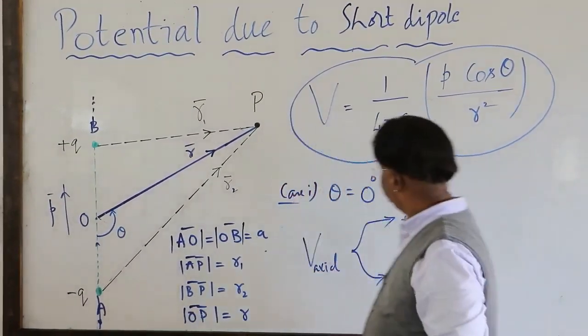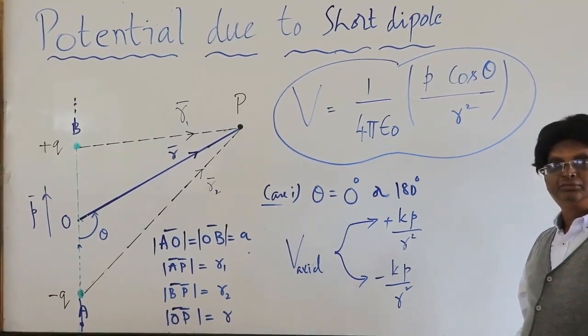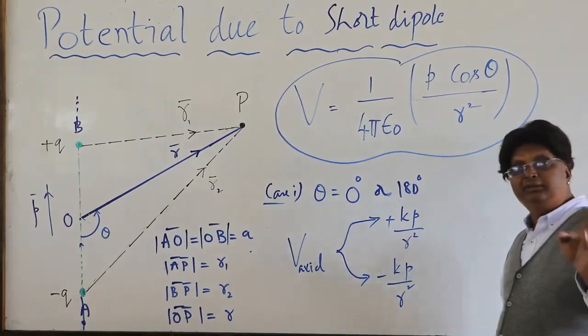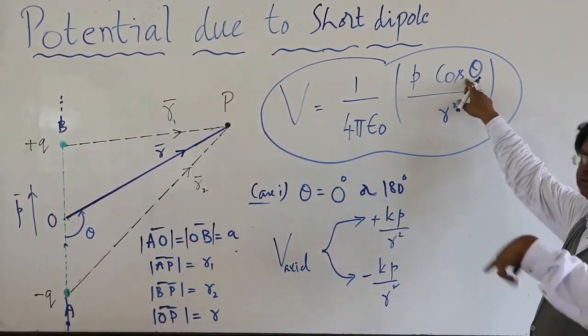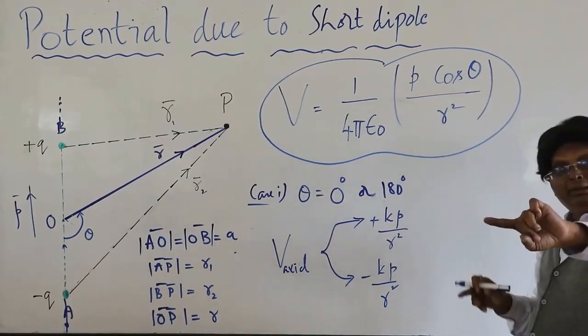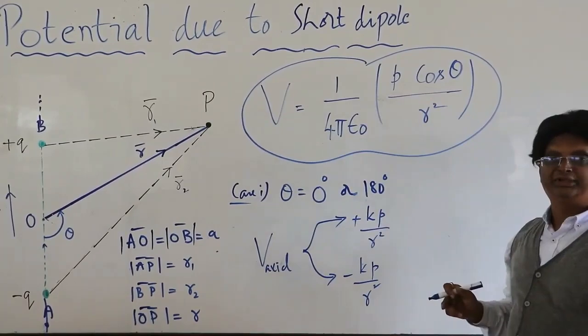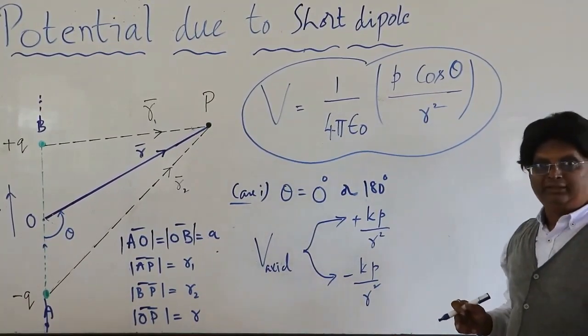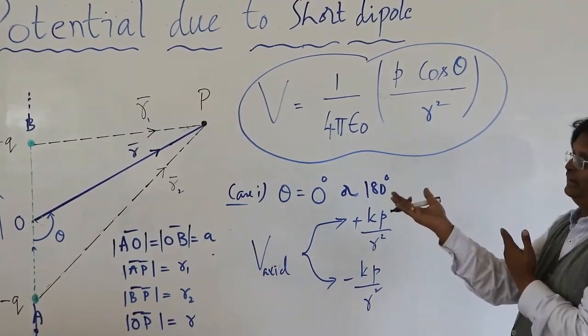Therefore, whenever you take potential due to a dipole, it can be either positive, negative or even zero. Mathematically speaking, for theta less than 90, cos theta is positive, exactly at 90 it becomes 0, and from 90 to 180 it becomes negative. How do we understand that mathematical result here?